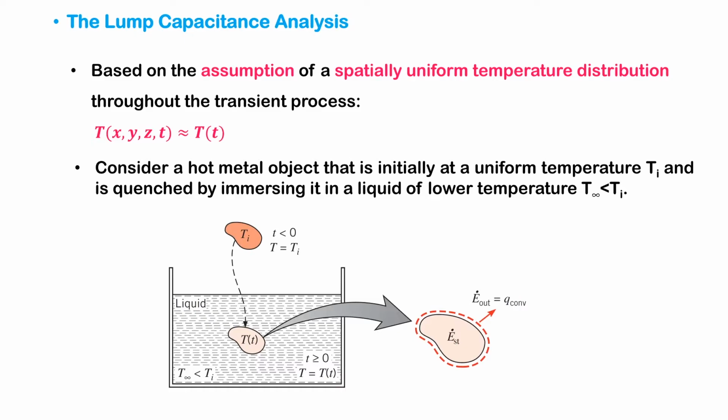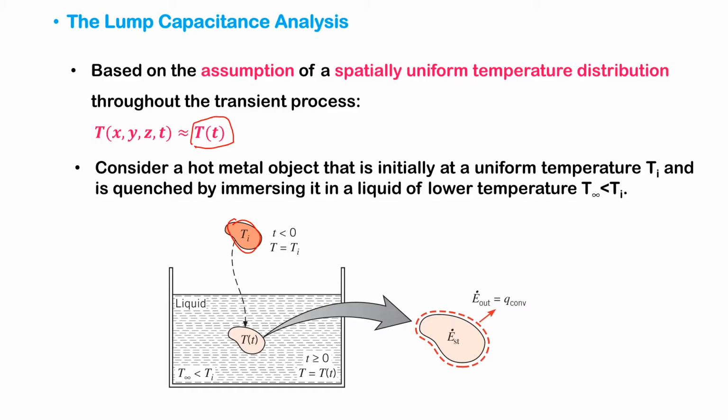Let's say we have an object which is initially at temperature Ti, and the temperature is uniform everywhere. And let's assume that in this system, the lumped capacitance method is valid and temperature is only a function of time. It is not a function of position.